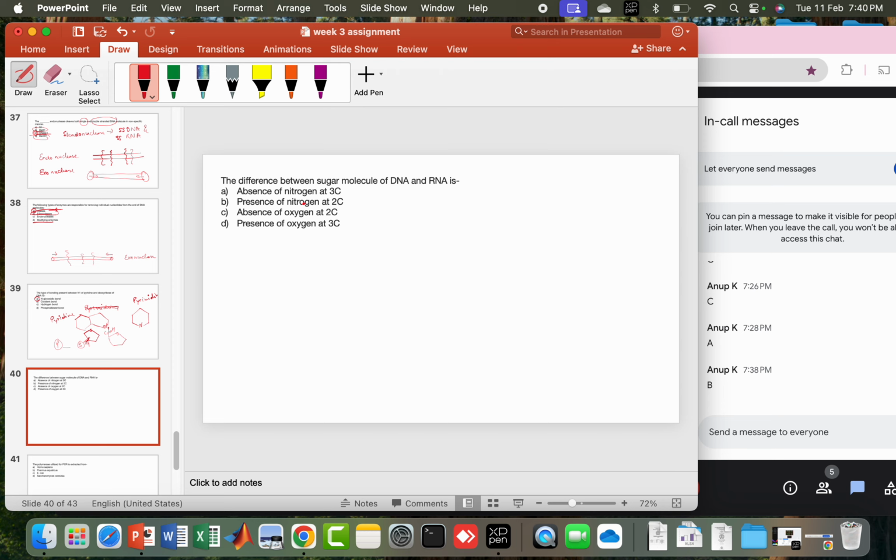The difference between the sugar molecule of DNA and RNA is again very simple. So this is the pentose sugar molecule. Let's say this is deoxy, 2-deoxy, that is, the 2' OH is missing here, that's why 2-deoxy.